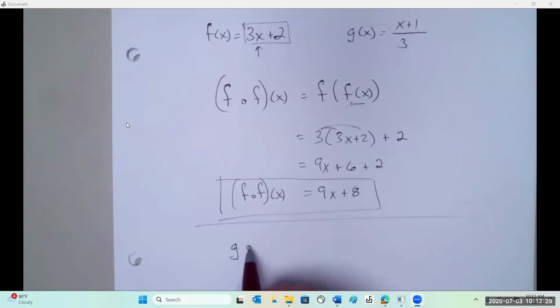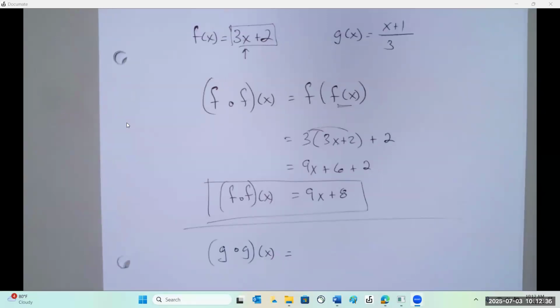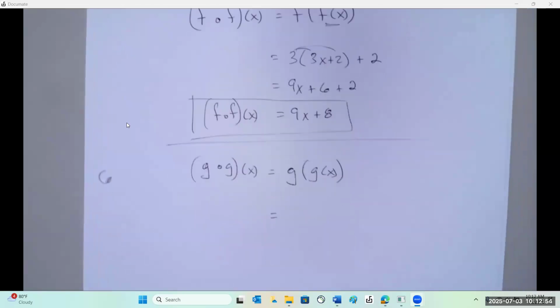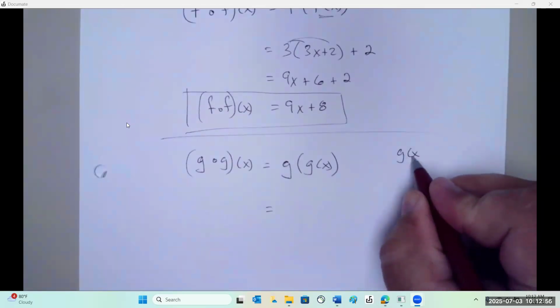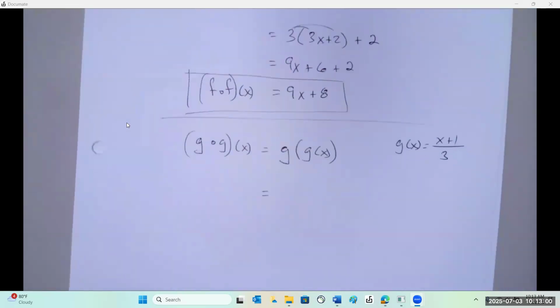And the last one, we'll do GOG. What this one says is we take the function g of x and put it back in place of x inside the function g of x. Remember, g of x is (x plus 1) over 3.